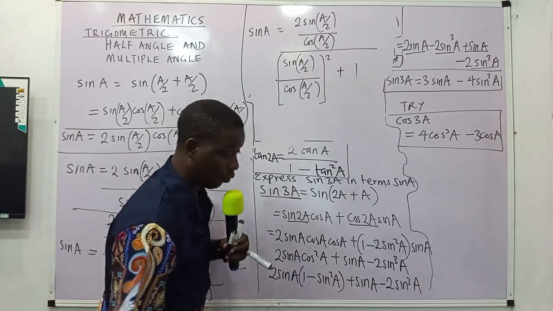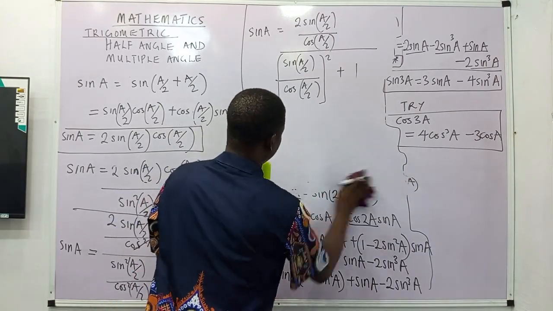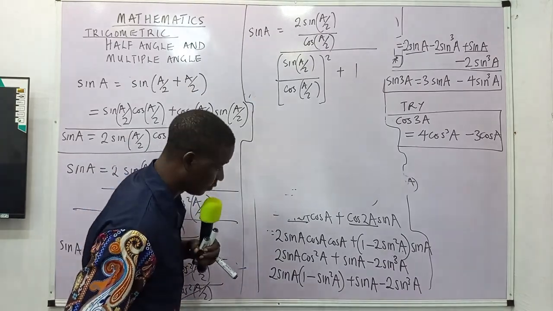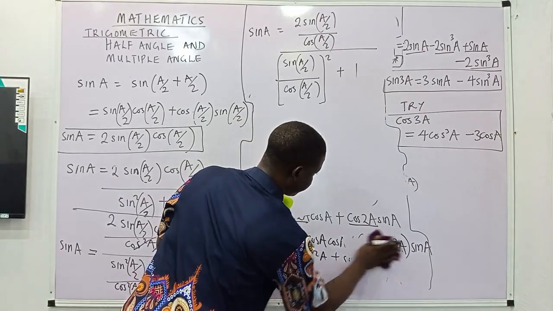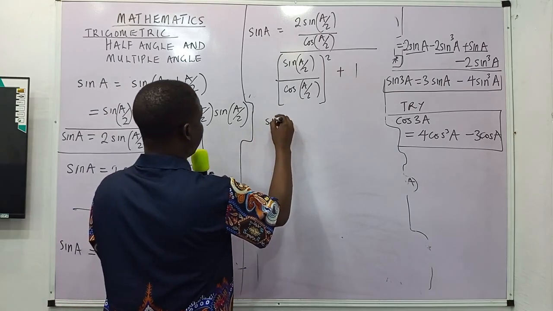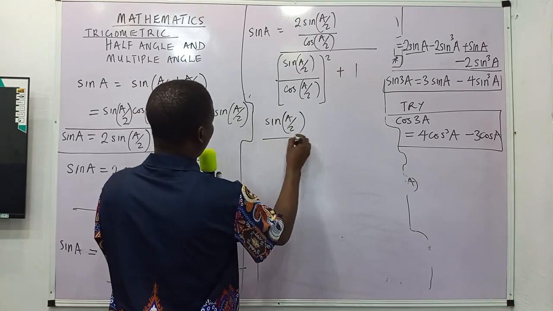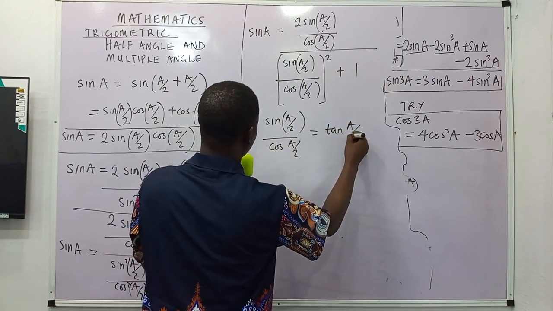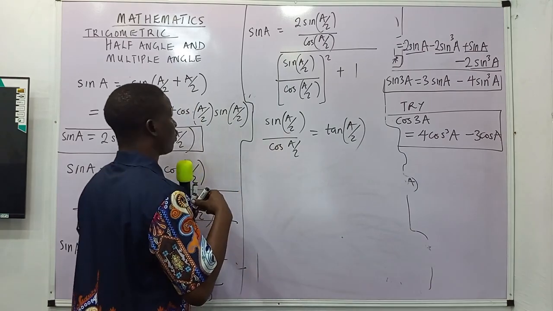So at the end of the day, this is what we want to have. Recall that sine A over 2 over cos A over 2 is equal to tan A over 2. Sine over cos is tan.